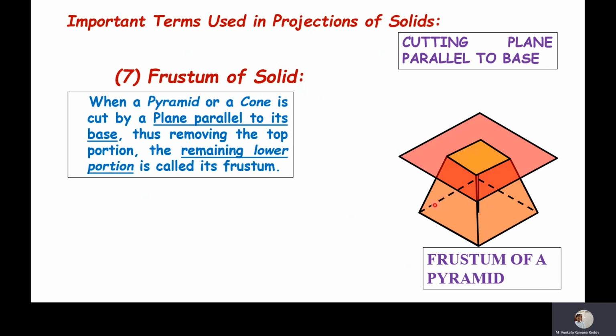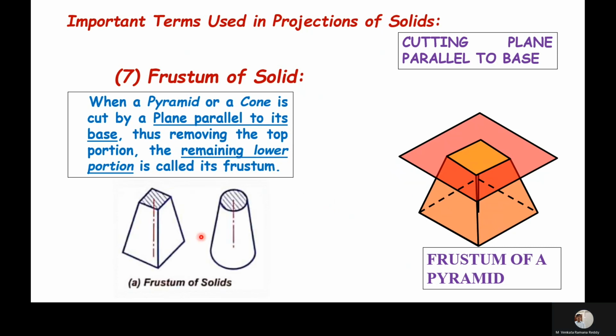Here, a square pyramid is cut such that the section plane is parallel to its base and perpendicular to the vertical plane. After removing the top, the remaining lower portion is the frustum. It's a frustum of a pyramid, and this is a frustum of a cone.